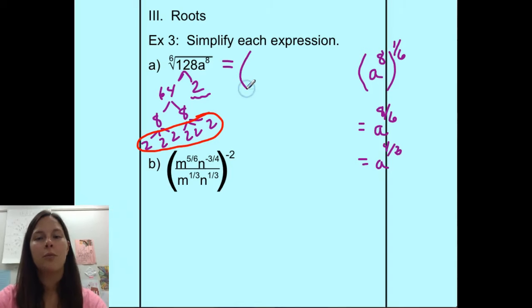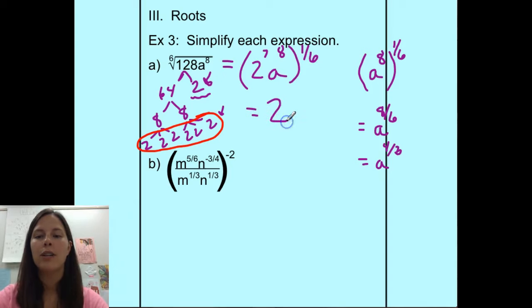Starting off with rewriting that 128 as 2 to the 7th power, remember we found 2 to the 6th power here, and we had a 2 left over for a total of 2 to the 7th, and a to the 8th to the 1/6 power. Distributing that power, we get 2 to the 7/6, and what we just saw off to the right was that simplified to 4/3.